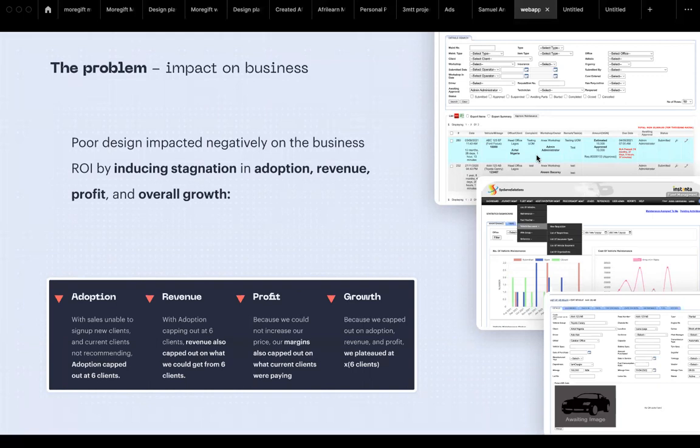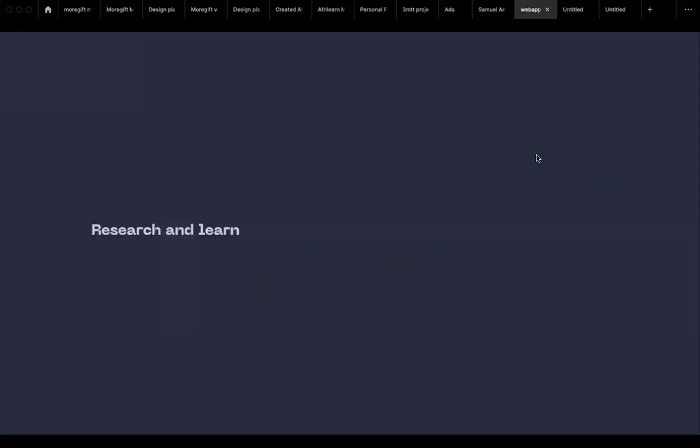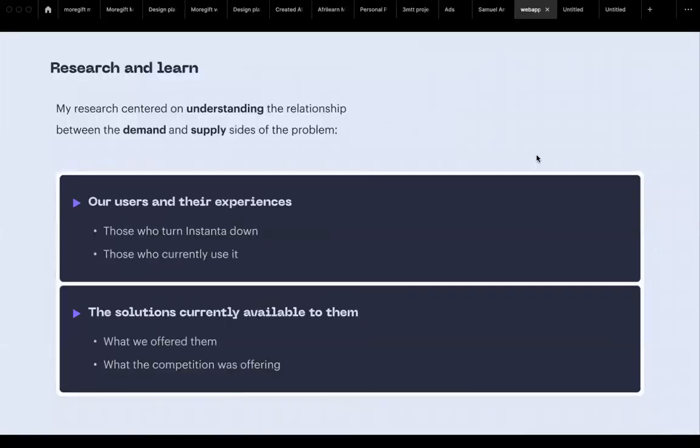So we were having a problem with selling. So now my job was to come and understand the users who wanted that product, and also understand what from our own side wasn't working, or why it wasn't meeting up with them. So the demand and supply side of the problem.